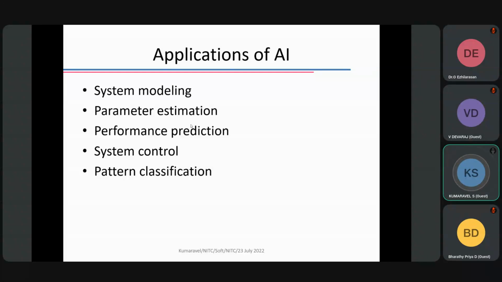So these are any one or two applications we may deal with, maybe as a part of our research or maybe product level development. Many tasks we perform using AI, particularly in these domains.